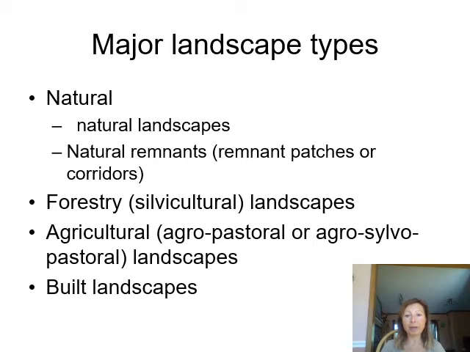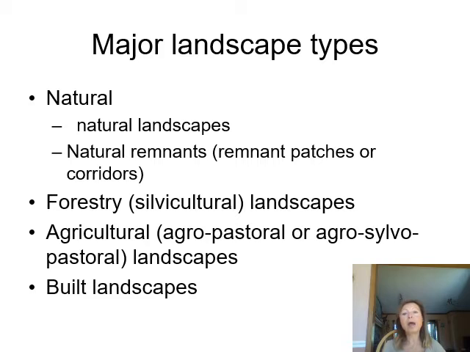This is a combination of, again, natural remnants and more and more modified patches, including forestry and some agriculture, some pastoral lands. The next step of more modified landscape patterns will be agricultural landscapes.